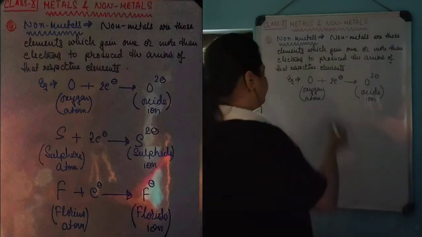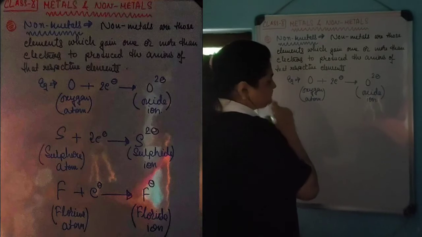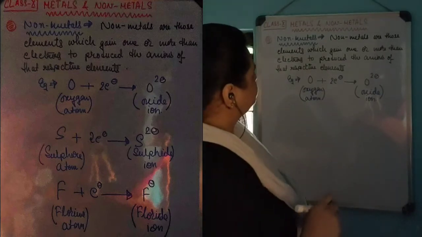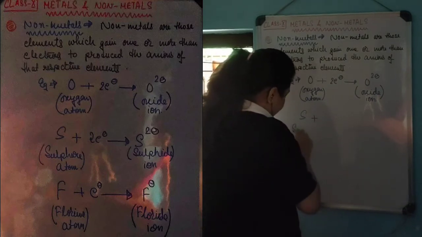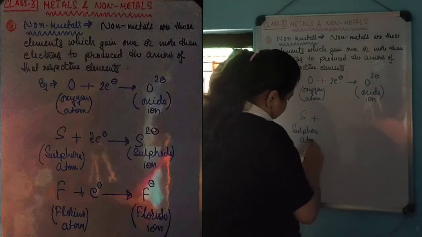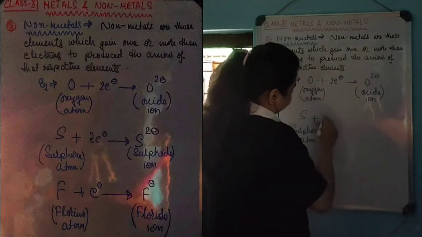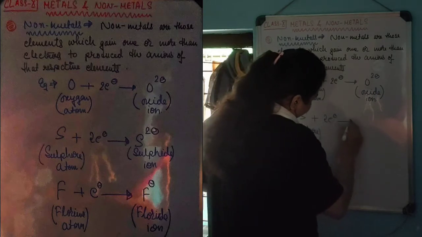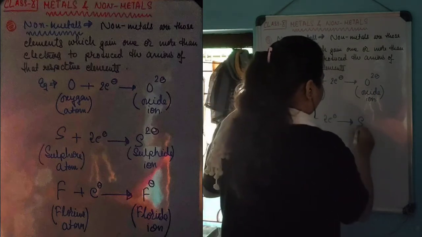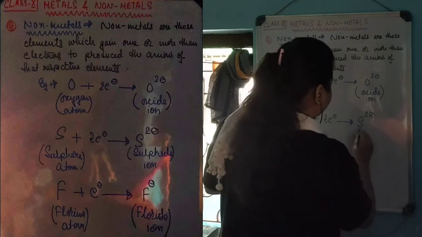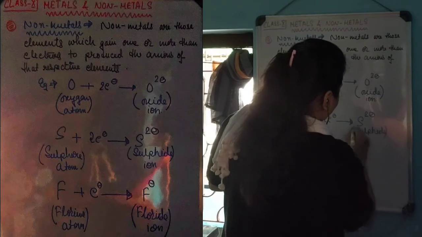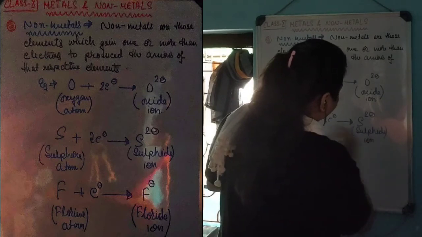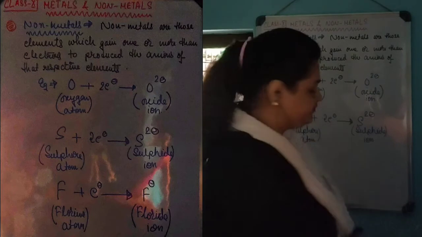In a similar manner, another example is sulfur. This sulfur atom gains 2 electrons and produces S2 minus, the sulfide ion.